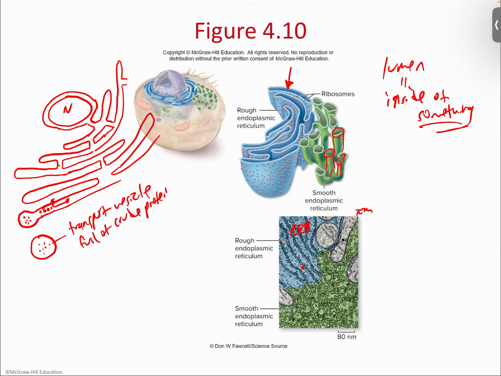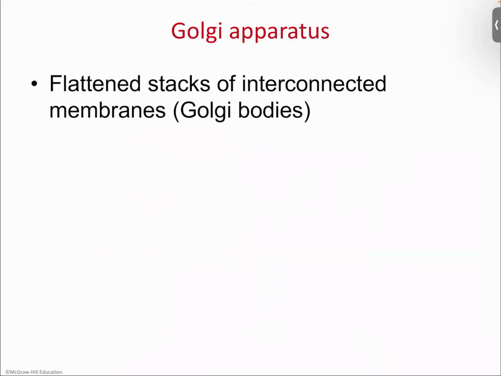And it's going to be full of crude protein. So you still have work to do on this protein before it actually becomes functional. Okay. Now, where does this transport vesicle go? It goes to the next organelle, the Golgi, which is next on our list.